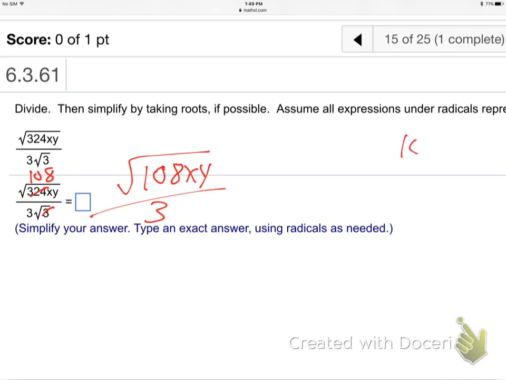So take that 108. And when I look at 108, I don't know what's in there either. I don't just look at it and automatically know what it is. I just know 2 goes in because it ends with an 8. You know what I mean? Just start there. Use your calculator. 2 goes in. Take 108, divide by 2. Get 54. Now you might recognize that one. If not, just divide by 2 again if you're not sure. I recognize that one as 6 times 9.